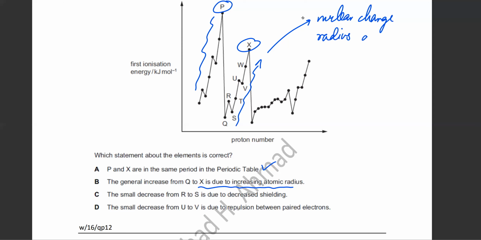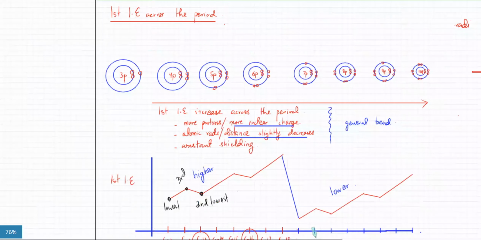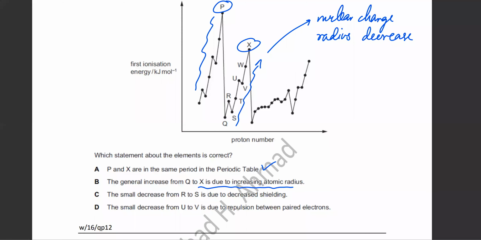The size of the atoms gradually decreases. You move across the period, you got more protons, and the atom becomes smaller and smaller because of the greater attraction of electrons. So that is also wrong, because he's saying that it's increasing atomic radius, which is wrong.